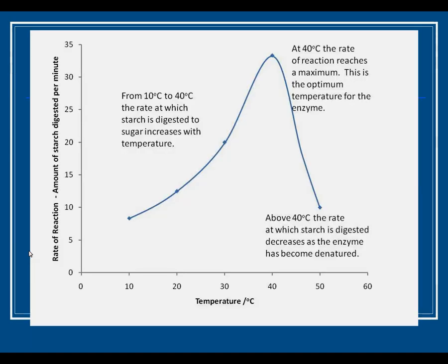Let's look at some graphs of this. Here's a nice graph that's showing temperature. So we have 0 degrees Celsius here on up to 60 degrees Celsius here, which is quite hot. On the left-hand side, we have the rate of reaction. So this is the amount of starch that is digested per minute.